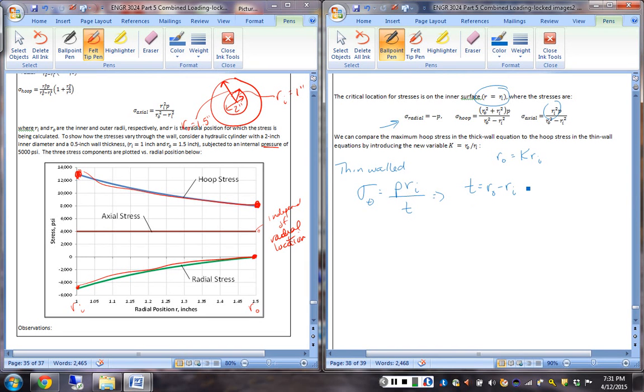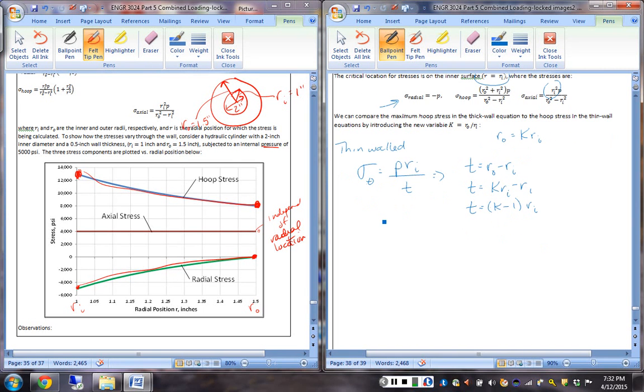We said that the outer is K times the inner. So I can say that the thickness is K minus 1 times the inner radius.